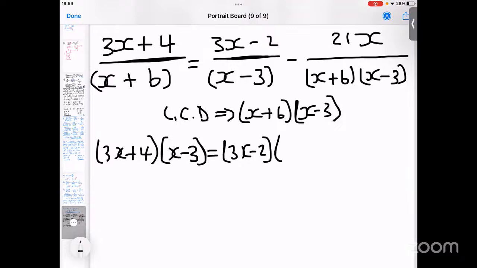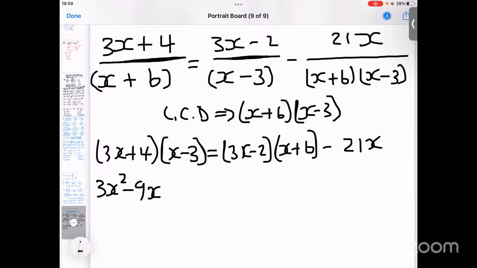3x minus, that cancels with that, and then we have that minus, and that cancels completely. Okay, that by that gives us 3x squared. That by that gives us minus 9x.